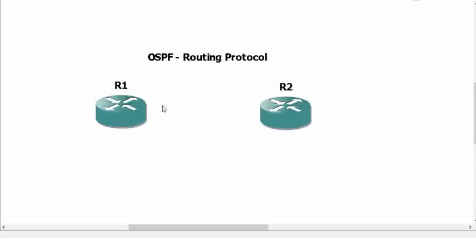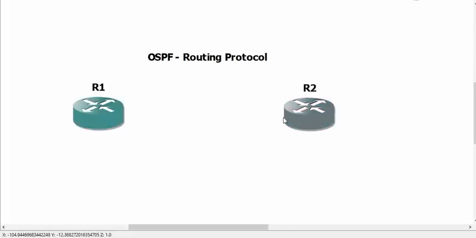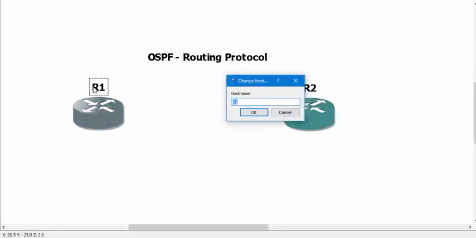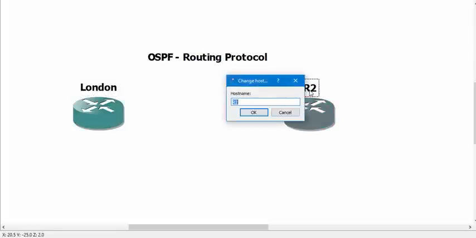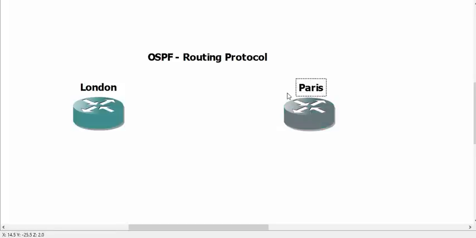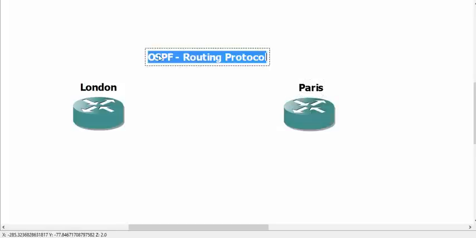So what I'm going to do first is I've got router 1 and router 2. Let's say router 1 is London, and it's connected to a branch office of a company, Softclap Technologies, a branch here in Paris.